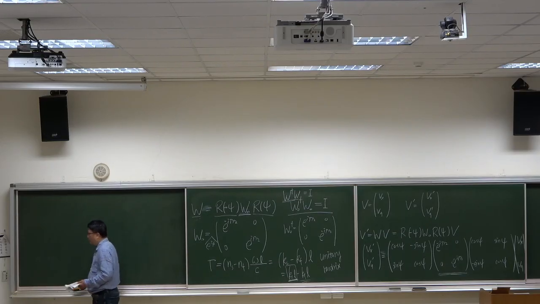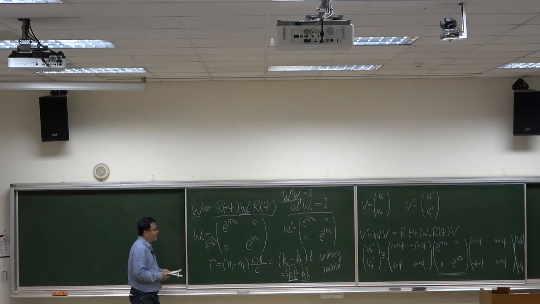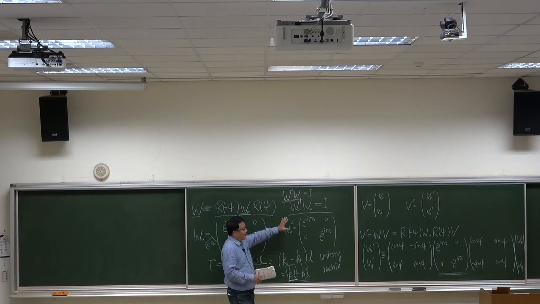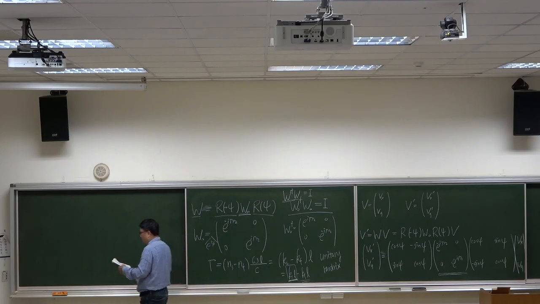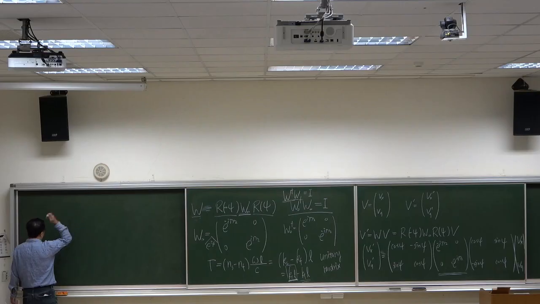The mathematical description of a polarizer is very different from the representation of a wave plate because a polarizer filters out the useless component of the wave. For example, we have a polarizer like this.